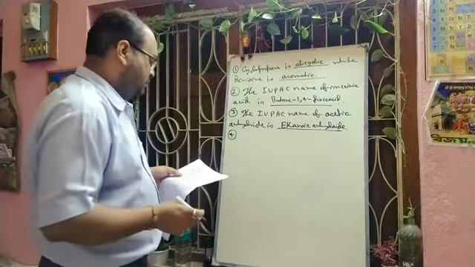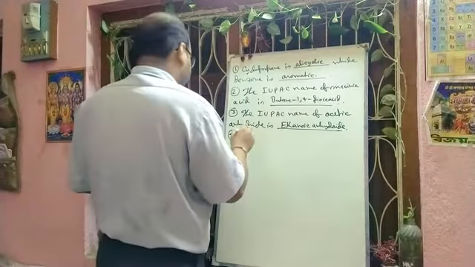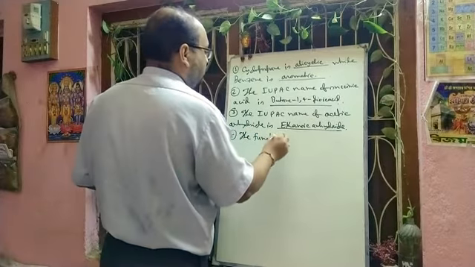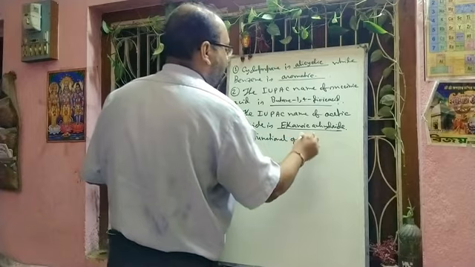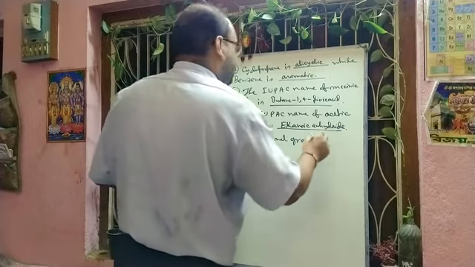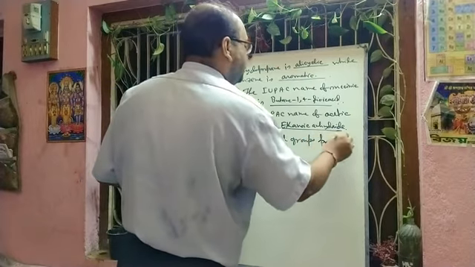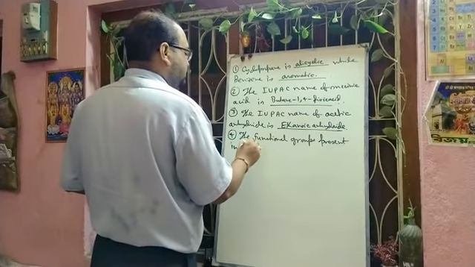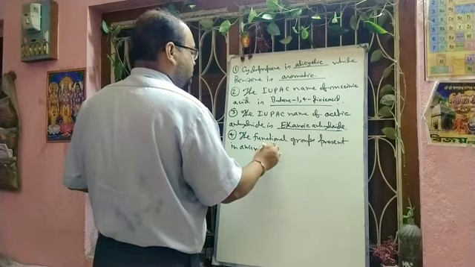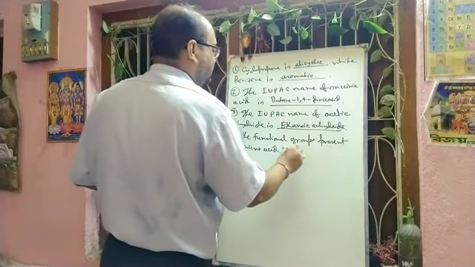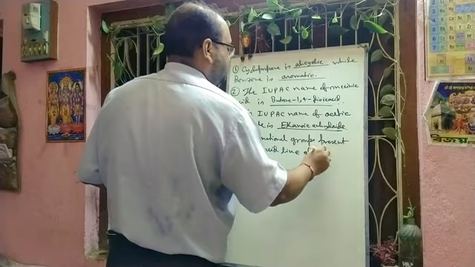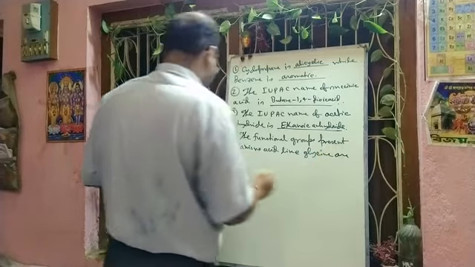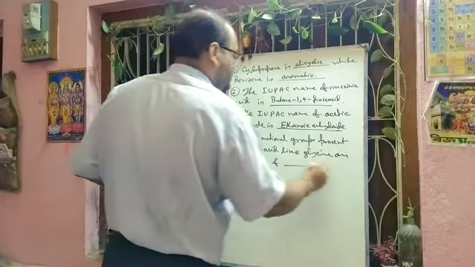Next, the functional groups present in amino acid like glycine are dash and dash.